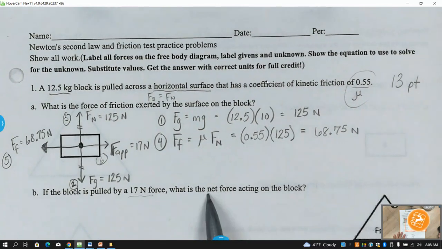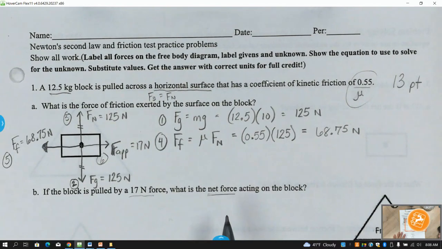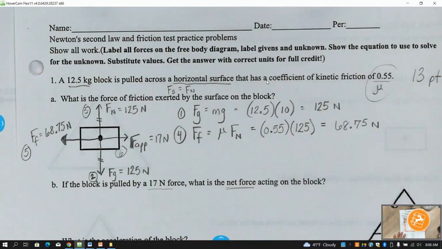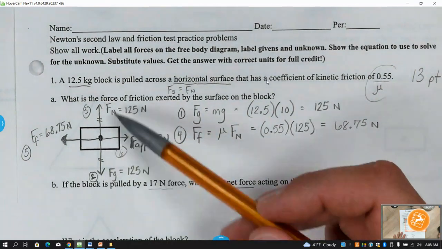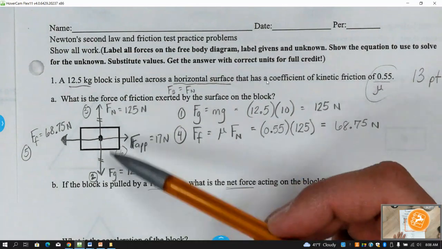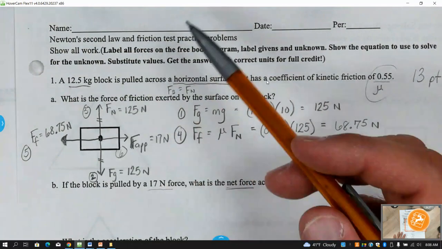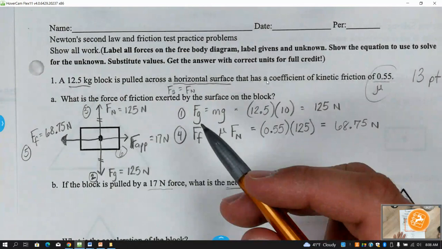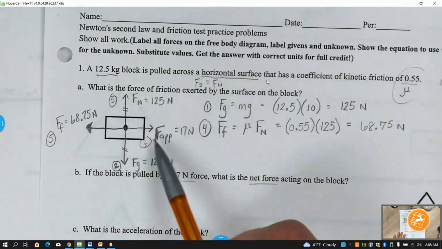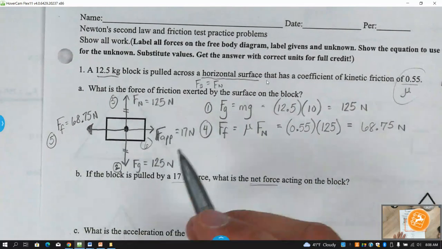They now ask, what is the net force on the block? So, guys, if you have 2 forces in the same direction, what do you do with them? Add them. And if you have two forces that are in opposite directions, what do you do? Subtract. So, normal force and gravitational force are opposite, but they're equal, so they basically balance each other out. So we don't have to worry about it. Are these two balanced, this left and right?